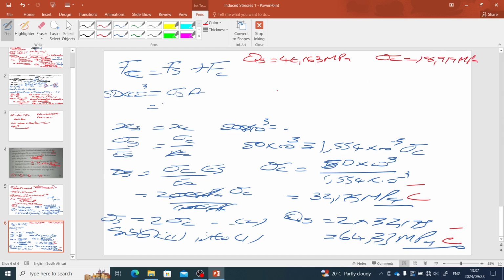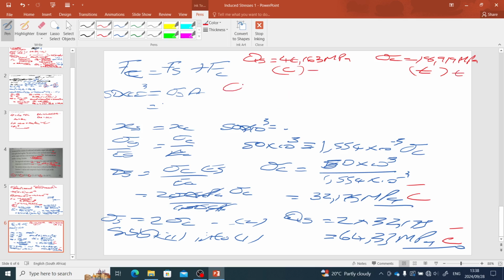And we said the steel is experiencing compression, and copper will experience tensile. Based on what we have determined as the nature, we know that compression is minus and tensile is plus.